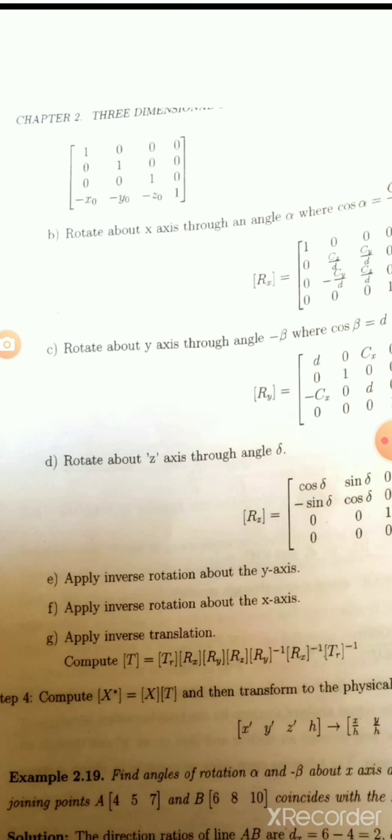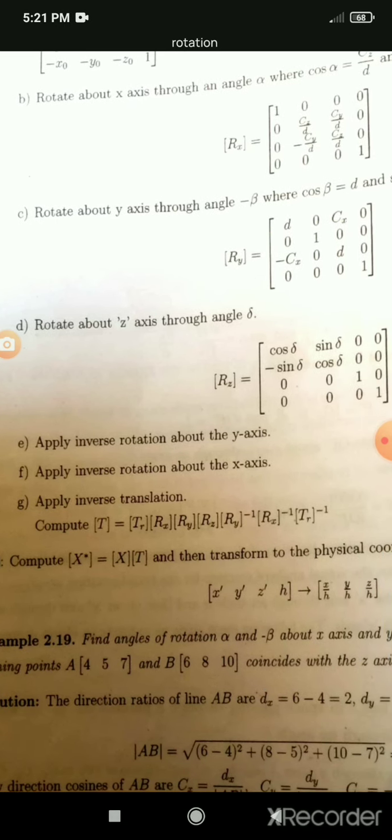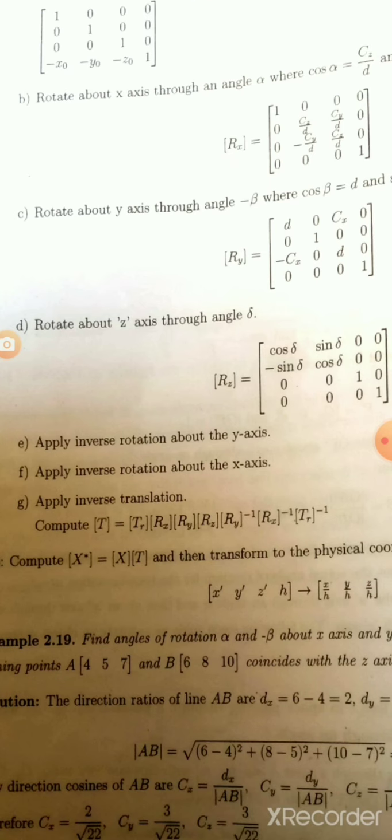The next step is to apply inverse rotation about the x-axis. First apply inverse rotation about the y-axis, then inverse rotation about the x-axis, and last apply the inverse translation. Combining all these transformation matrices, we get T equals TR, Rx, Ry, Rz, Ry inverse, Rx inverse and TR inverse.